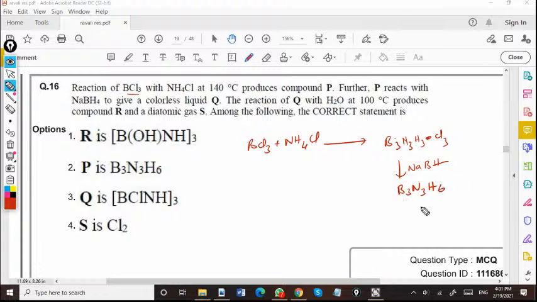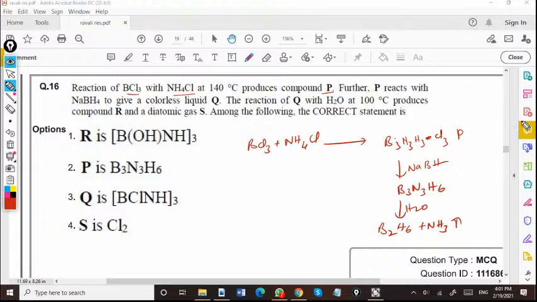This on water hydrolysis is going to give diborane, B2H6, along with ammonia gas.